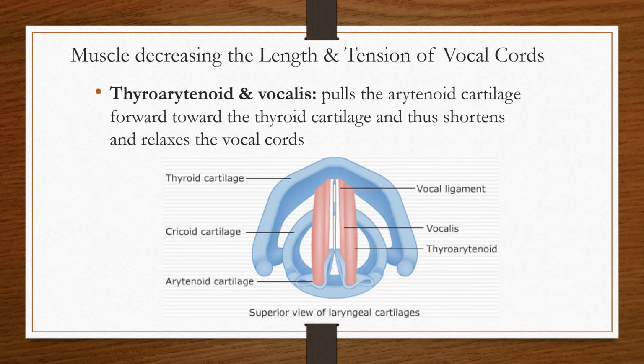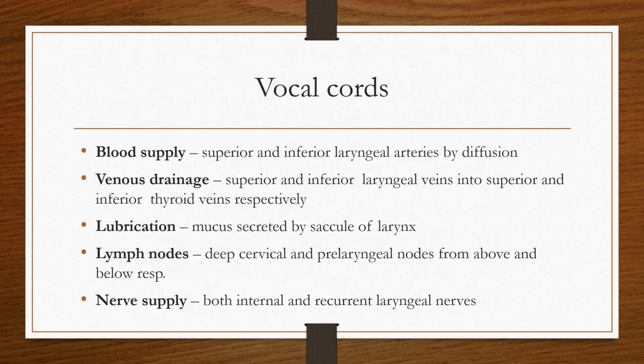Muscles decreasing the length and tension are the thyroarytenoid and vocalis muscle.